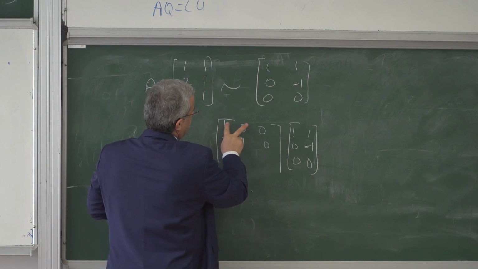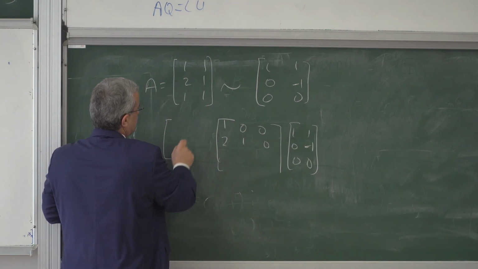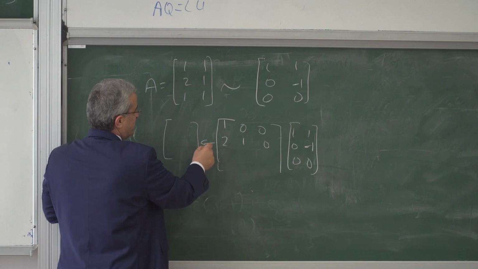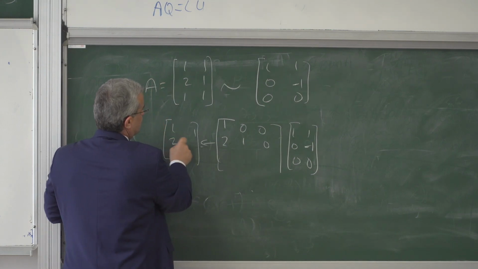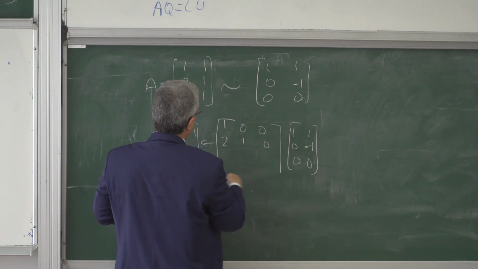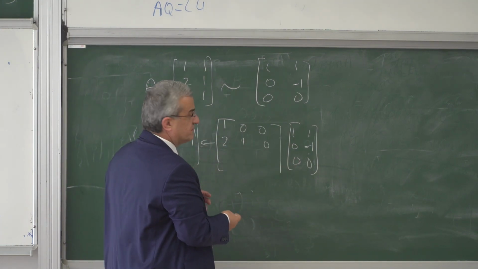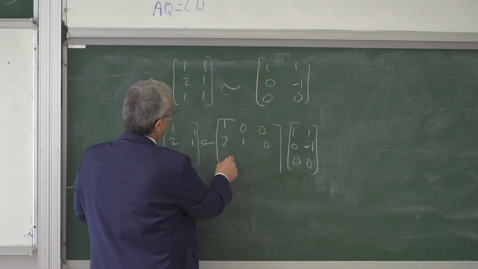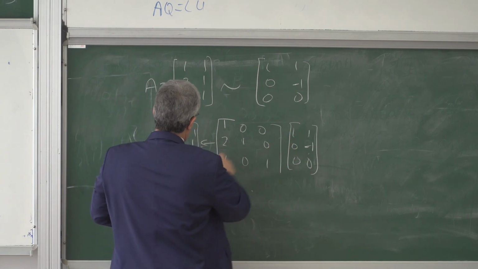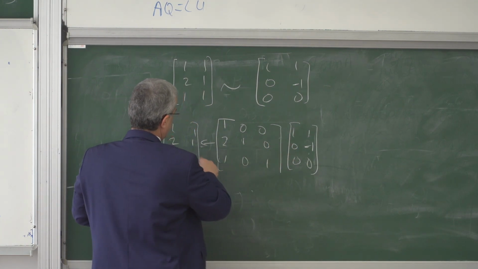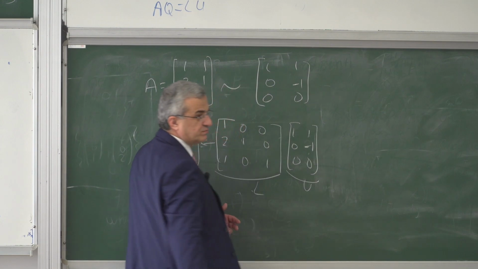Good. If I multiply this with this, I have 1. If I multiply this with this, what do I have? 2. If I multiply this with this, what do I have? 1. Now, what should I multiply this so that I obtain this one? This is 1. So multiply this again, 1 and 1. So this is L and this is U.